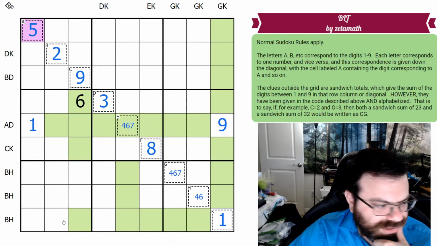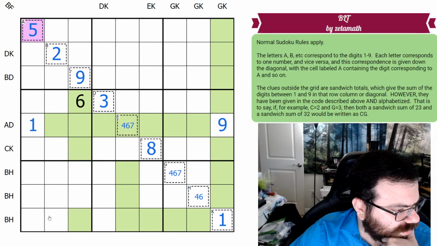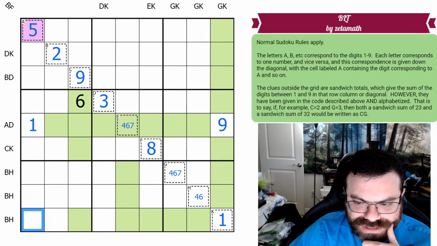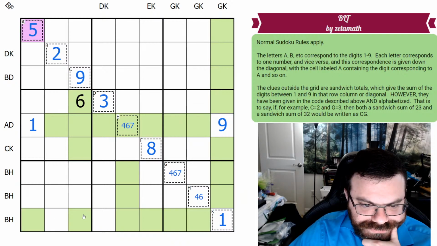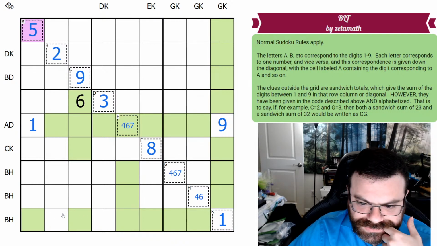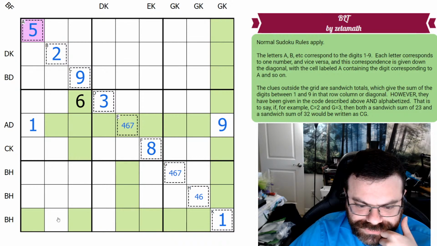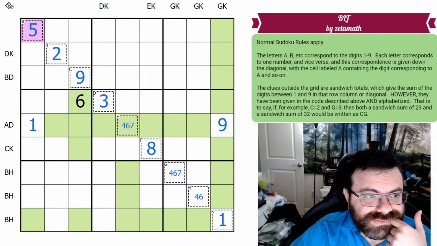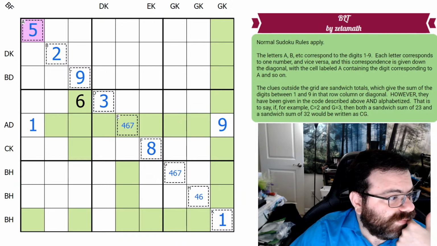I did what I thought I could do in row 9. Well, I guess we can't be 35. Alright, well, we know BH is either 24 or 26. So what's the max for 26 then? Give me a sec.